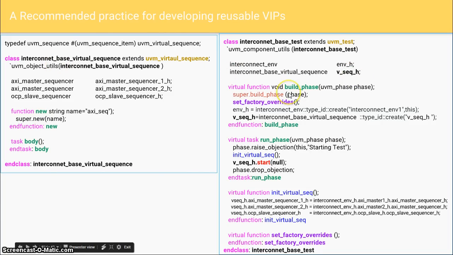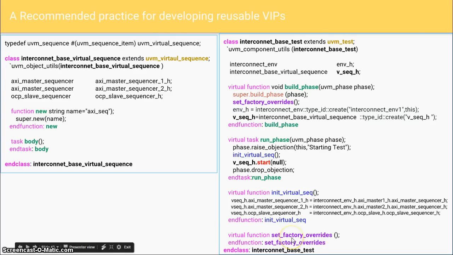You can see that in the build phase function there's a slight difference compared to the previous slide. After the super.build phase function, before creating the environment and the sequence, you should call a function called set factory override. This is a virtual function in the base test. Again, this is a user defined function, so you should add it as a virtual function in the test.